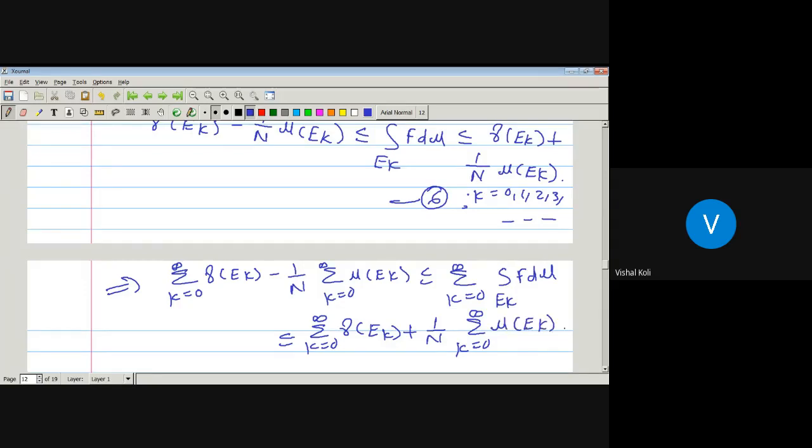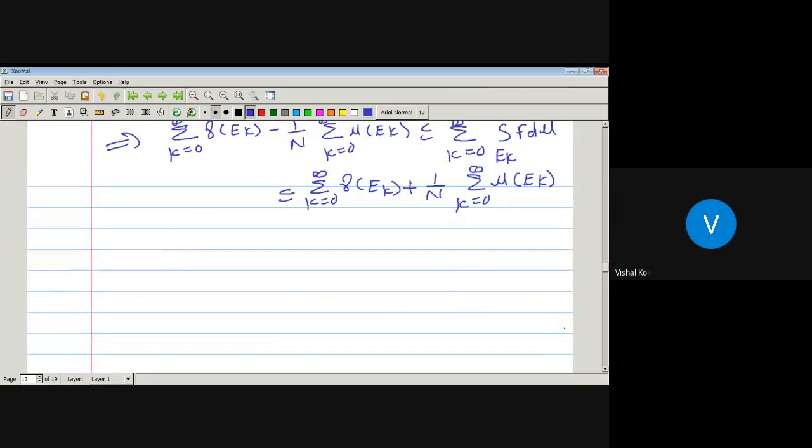This we get after adding all the terms, that is k running from 0, 1, 2, 3 and so on.